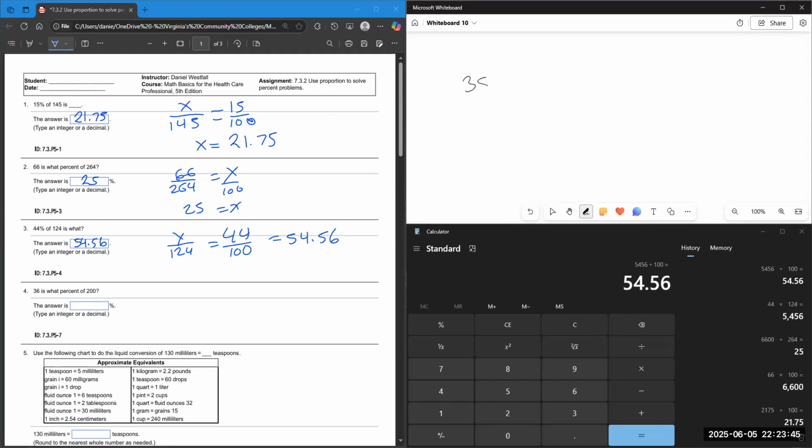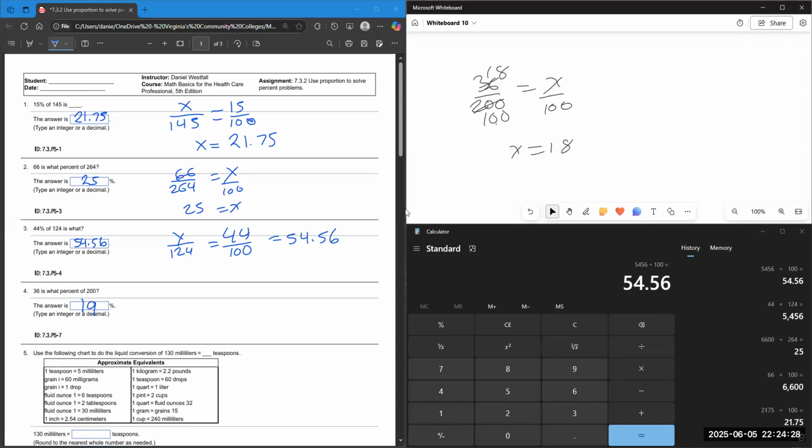$38 is what percent of 200? Well, that's an easy one to reduce. I can make that 19 over 100, and X is 19. So we need to, oh, but that's not an 8, that's a 6. 36 over 200, and that reduces and is 18.